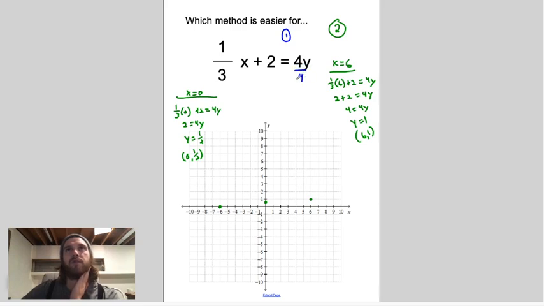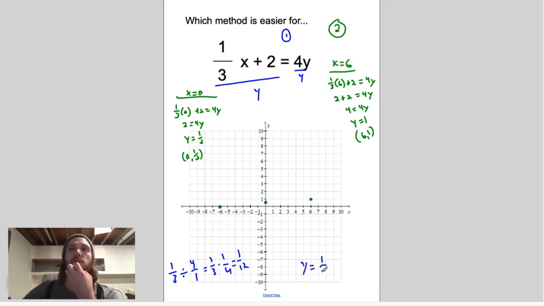I would divide by 4 and then divide by 4 on this side. 1/3 divided by 4, skip, change, flip, is equal to 1/3 times 1/4, which is 1/12. Okay, so this turns out to be y equals 1/12 x, and 2/4 is plus 1/2.